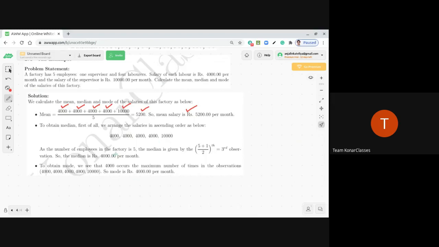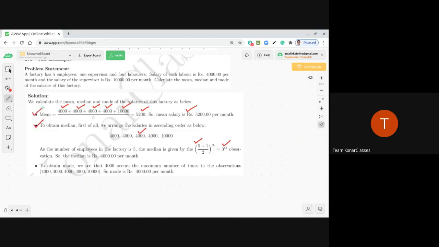As the number of employees is 5, which is odd, the median is the (n plus 1) by 2th data, that is (5 plus 1) by 2, the third data. And the third observation, dear students, is 4,000. So in this way, we are able to find the median.